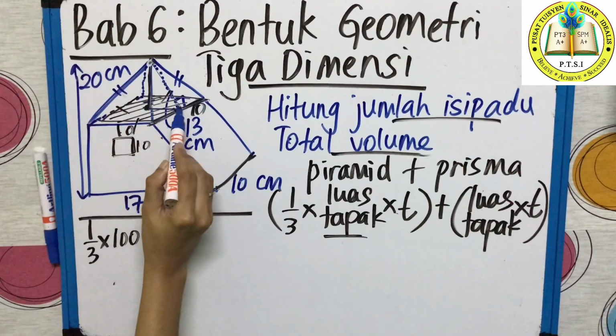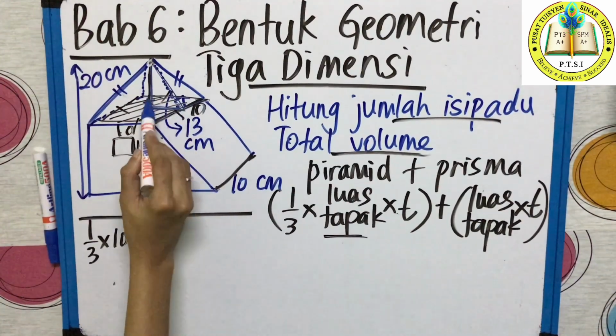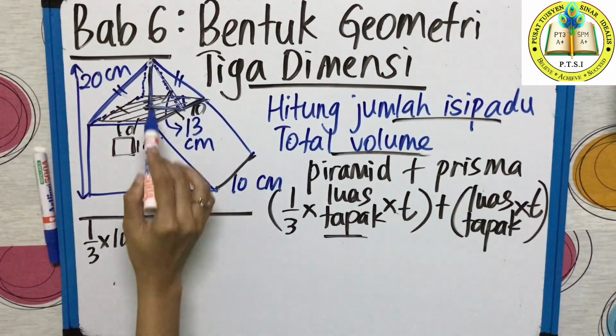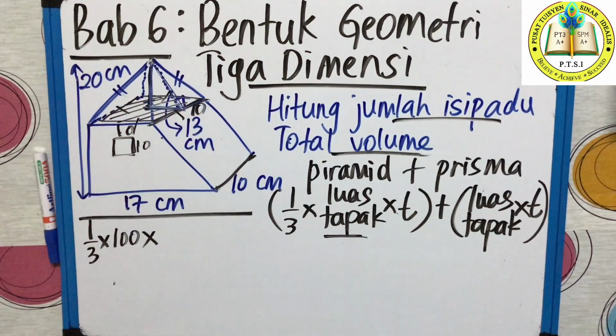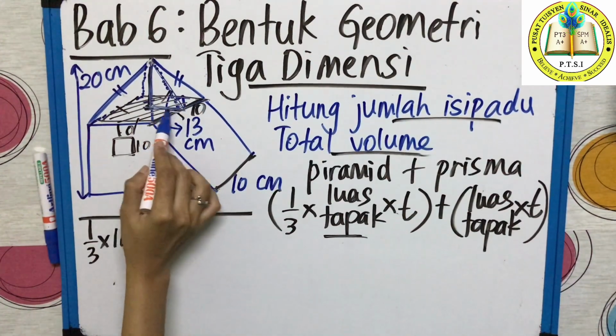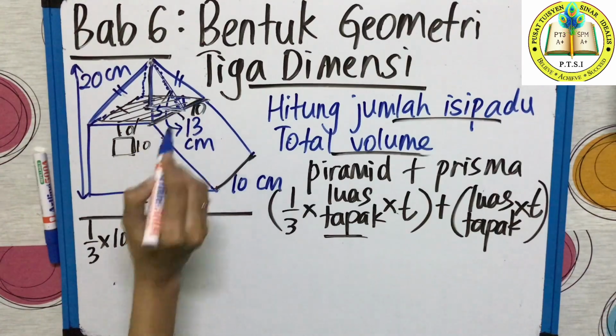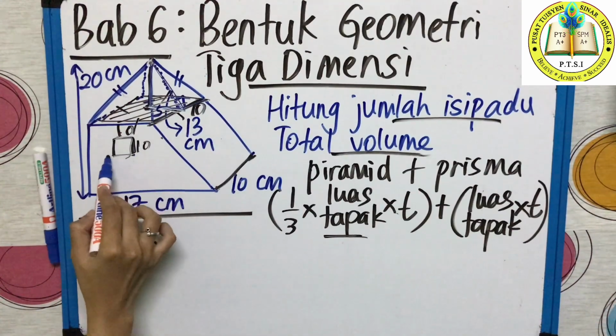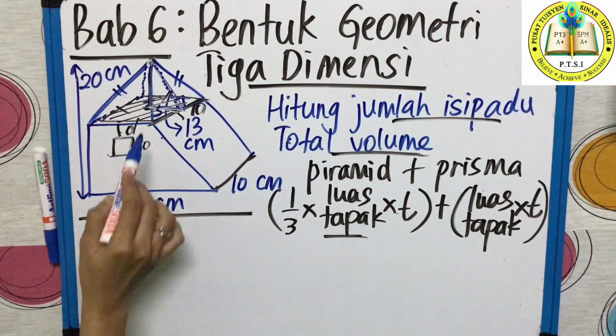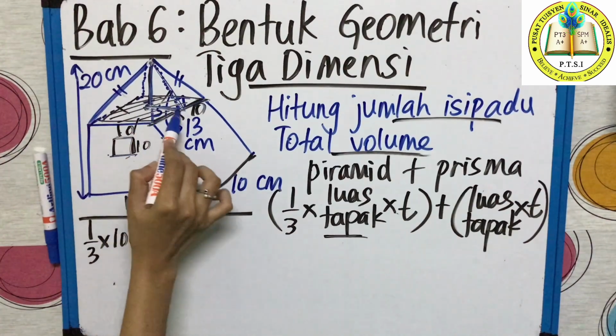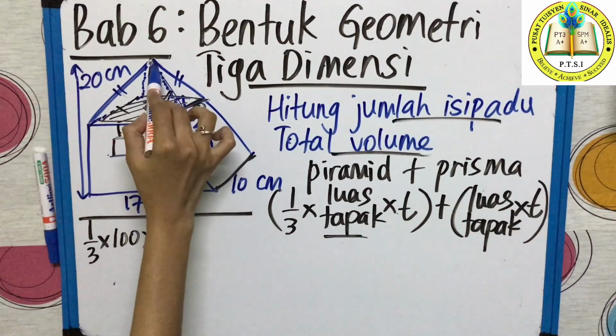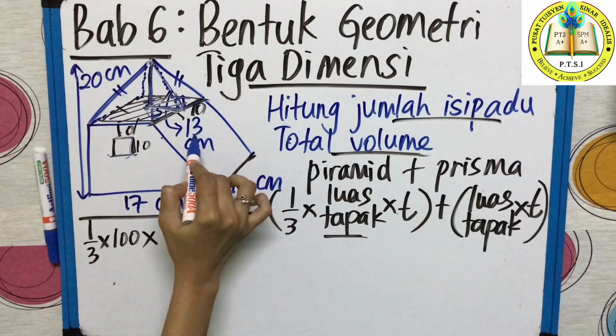So teacher make a triangle here. Nampak tak? If you see that, this height we don't know, and this one the length must be 5. Sebab dalam segi 4 garis penuh adalah 10. Now we only want the half, so it's 5. And then tinggi untuk segi 3 ni adalah 13.